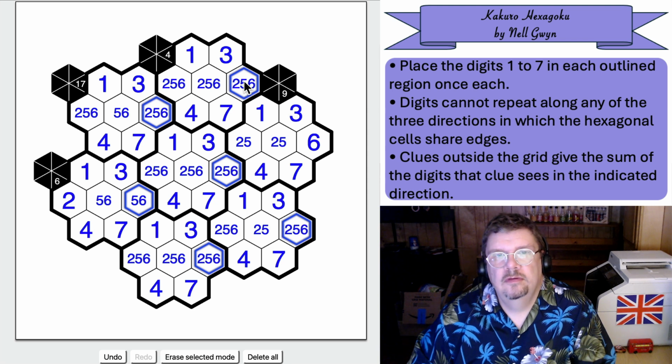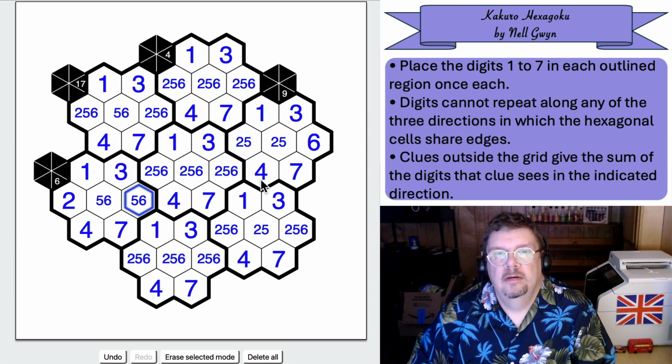Which seems feasible. Okay, if this is 6, then that's not 6, that's not 6, and that's... Oh, okay. So if this is 6, then that is not a 6, that's a 2, 5. That gives me a 2, 5 pair, making that 6.